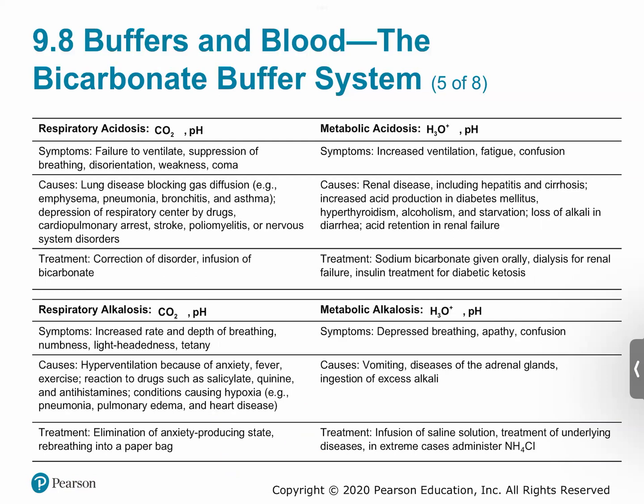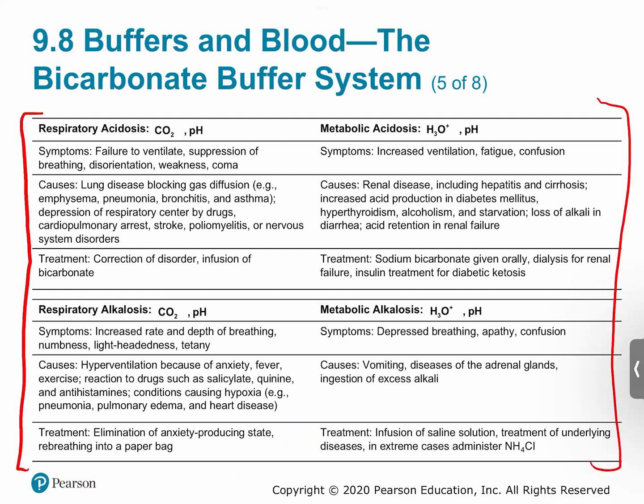And so here's a table that shows you some descriptions and symptoms of what happens if somebody is having an episode of respiratory acidosis or respiratory alkalosis, or metabolic acidosis and metabolic alkalosis.